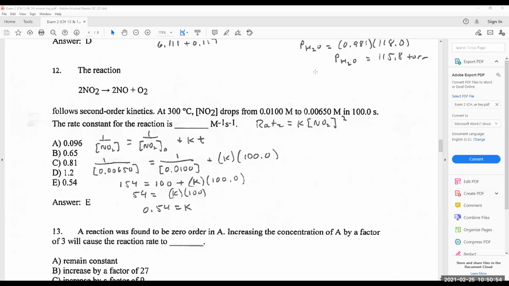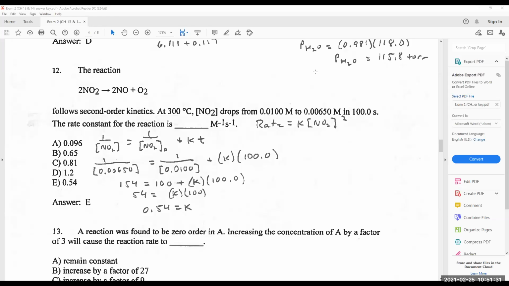So we go ahead and define our concentration 1 and concentration 2, define the time, and we fill those things in. So 1 over 0.00650 equals 1 over 0.0100 plus the constant times 100 seconds. And then we go ahead and do that math, and we get a value of 0.54 as our constant.